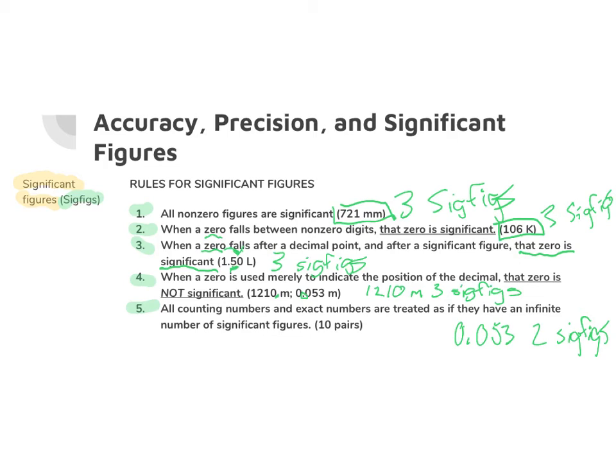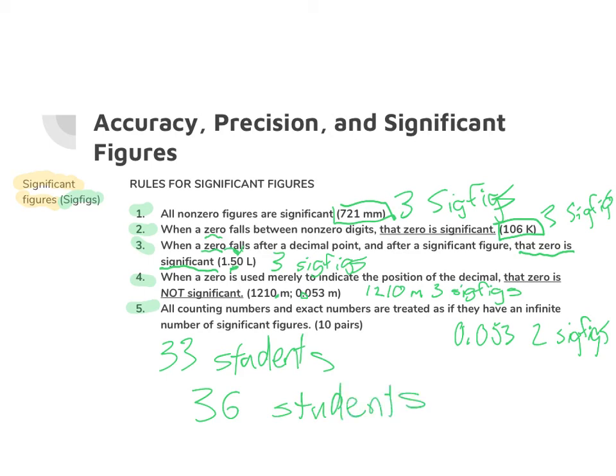So if I am counting objects, if I count students in a class and I come up with 33 students, those are all significant figures. If I count 36 students, significant figures. Exact numbers, counting numbers are treated as having an infinite number of significant figures.